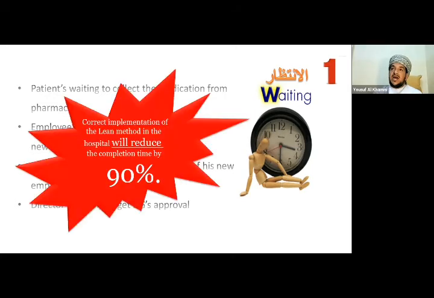If we will be able at SQH to implement lean, we will be able to reduce the waiting time by 90%, according to lean thinking authors, as they have implemented it in different industrial areas.